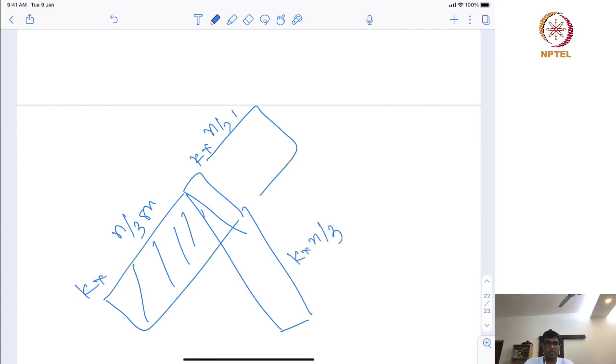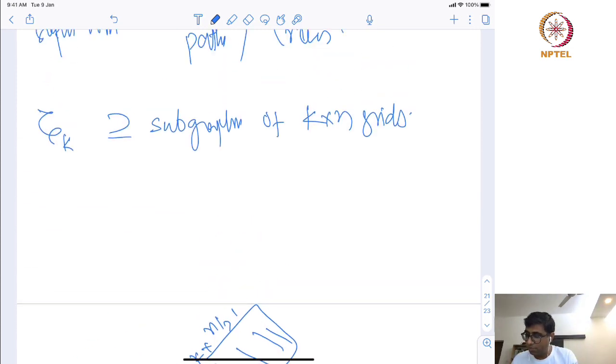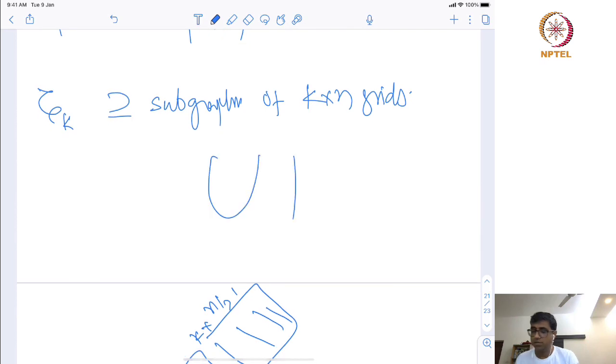This is not a grid, but any subgraph of even such a structure has separation number at most k. So this is like a tree. If you think of this k cross n grid as a fat path, I have tried to make fat trees in some sense. Even for such objects, these will start belonging to the graph class Z_K.